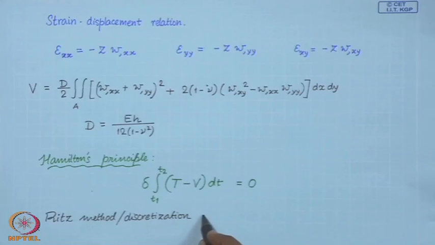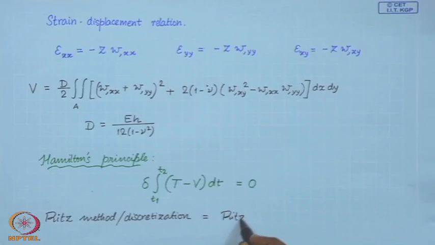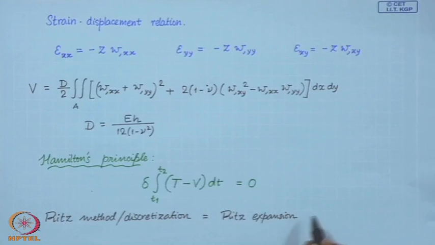So, the Ritz method requires the Ritz expansion plus the Hamilton's principle.